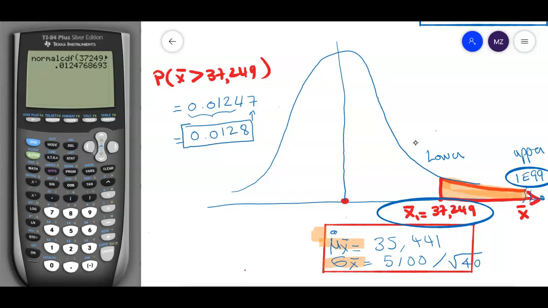Actually it's not 8, I made a mistake here. It's actually 5, so 0.0125. All right, let's go back and plug it in and check it.